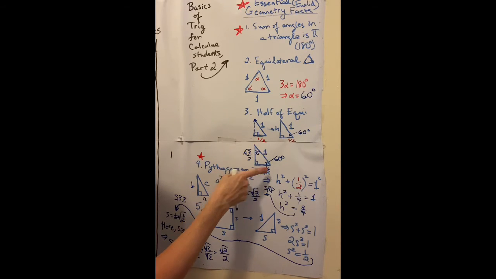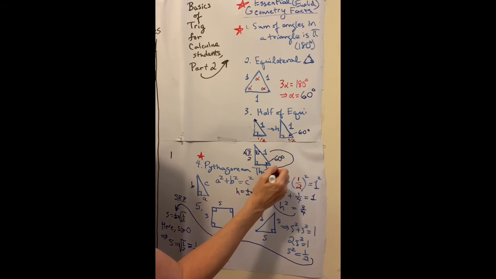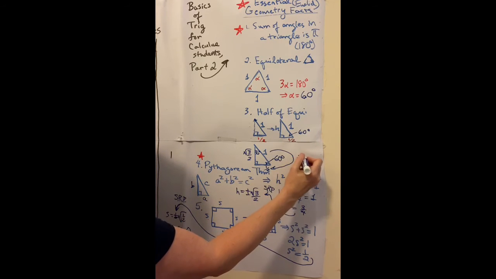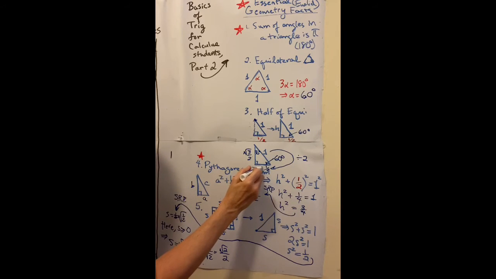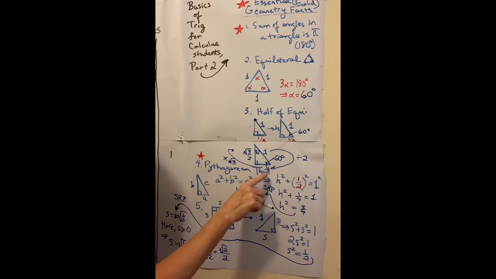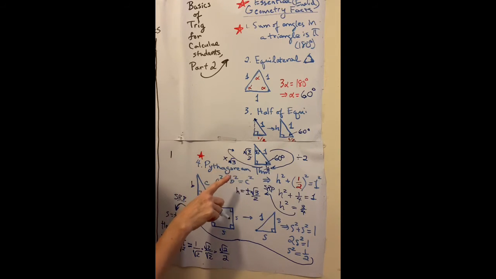Let me show you a little trick that's really handy. To go from the hypotenuse to the short leg, you just divide by 2. To go from the short leg to the longer leg, notice that we're just multiplying by the square root of 3. 1/2 multiplied by the square root of 3 gives you square root of 3 over 2. This comes in handy later.